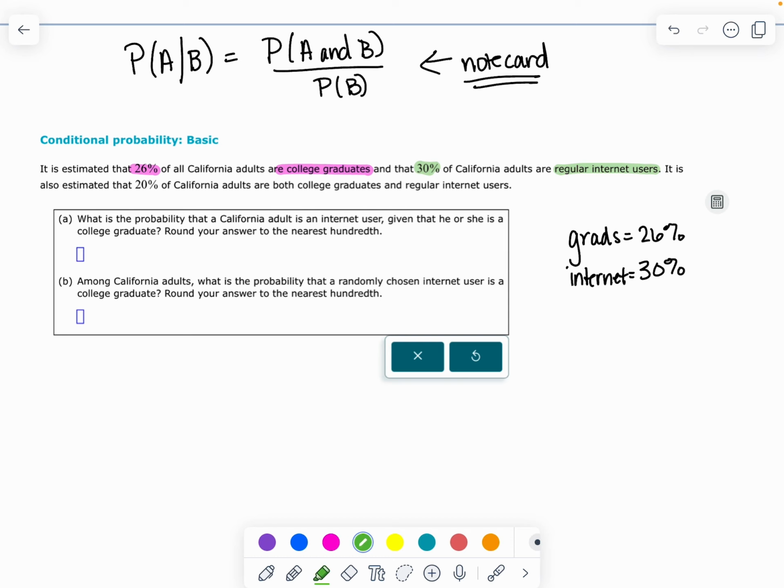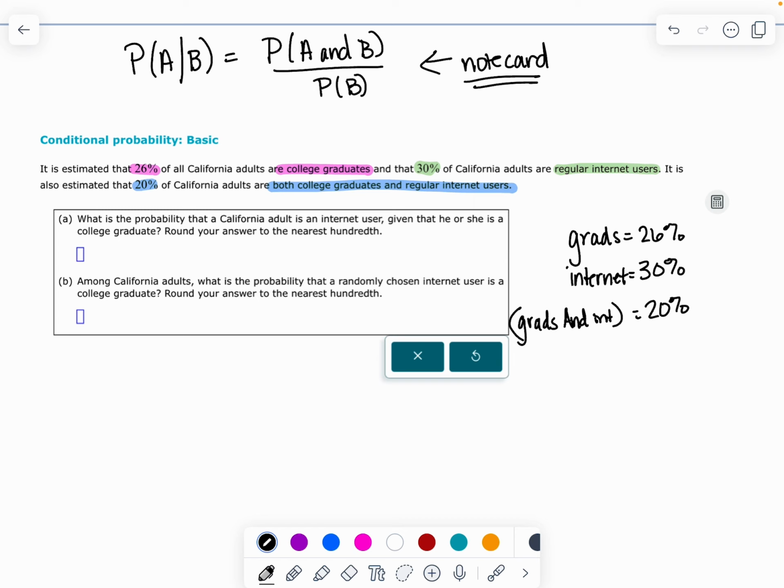And it is estimated that 20% are both. So 20% are grads and internet.